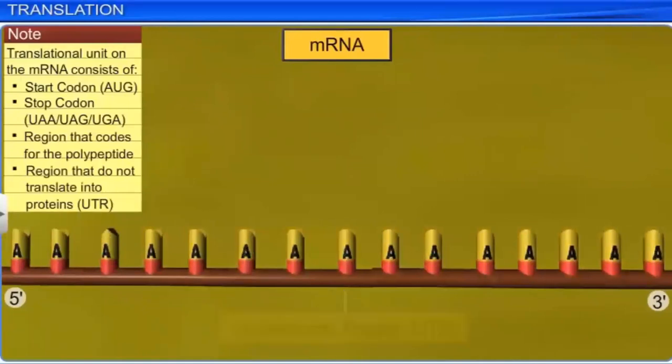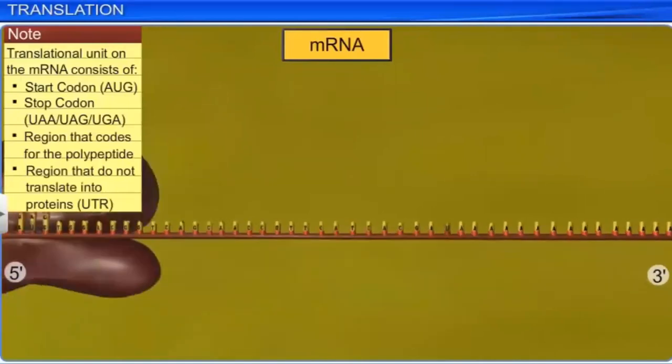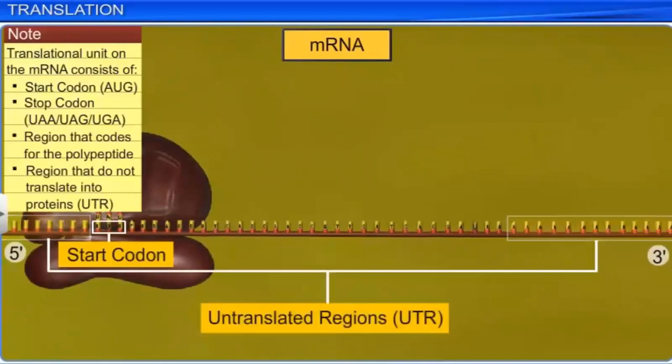These regions are present at both the 5' end before the start codon and the 3' end after the stop codon, and ensure efficient translation.